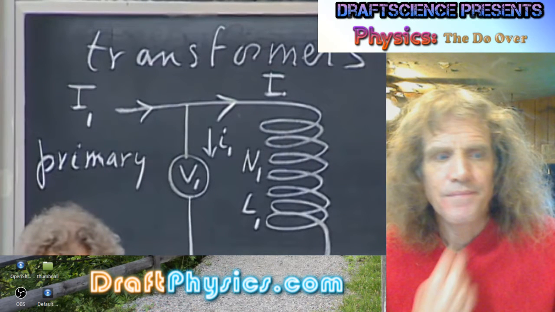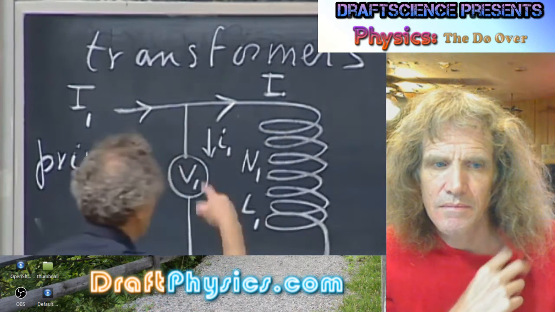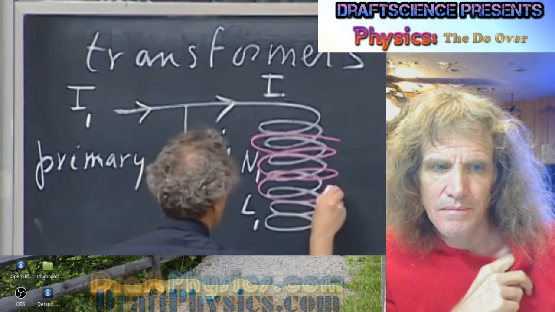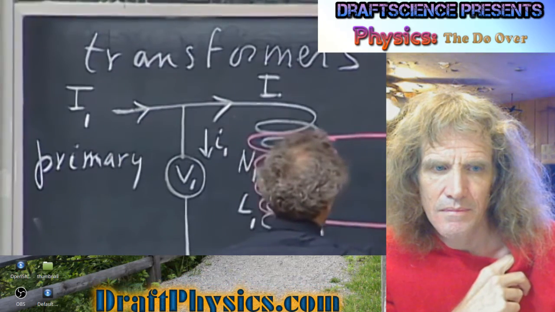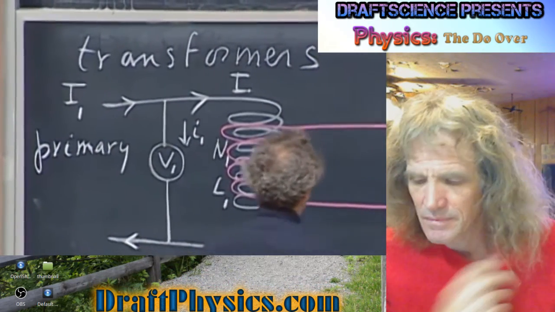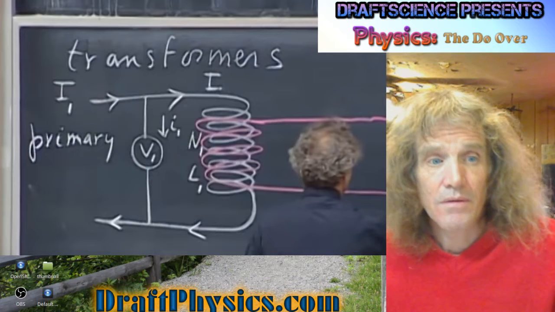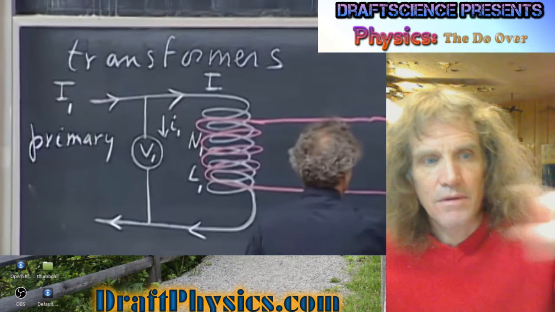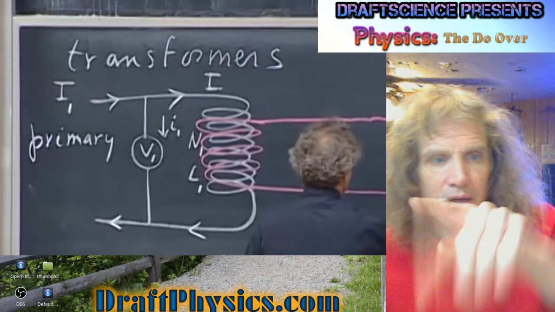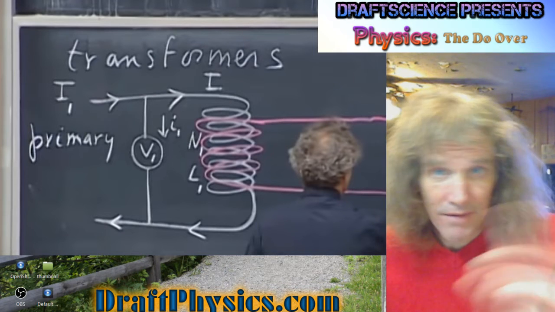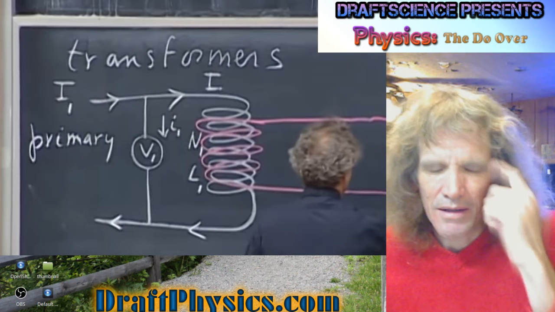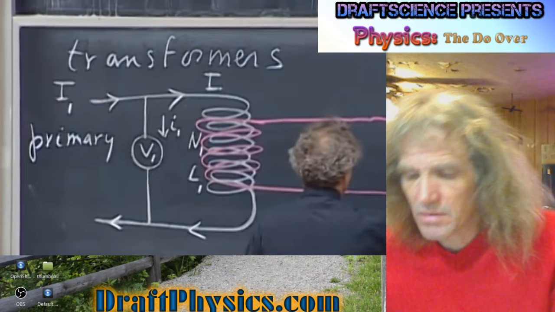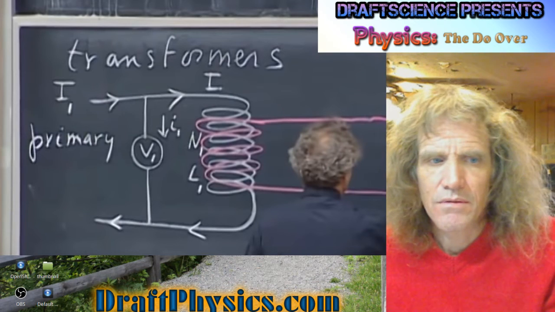So that's the primary. Now we have a secondary, which is wound in such a way that there is a magnetic flux coupling between the two. You can couple them in different ways. You can couple them with metal, or you can couple them by having them wrap around each other, and then one is going to feel the reflections of the other.